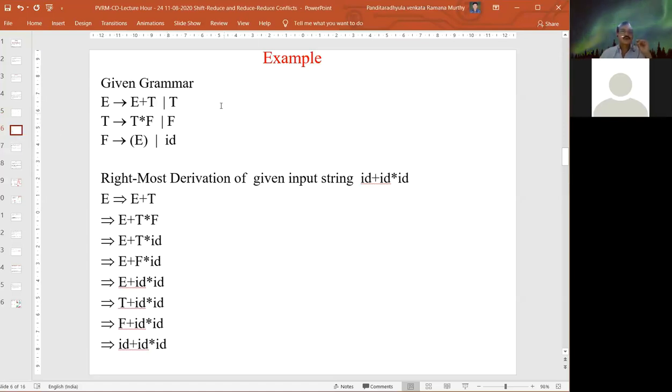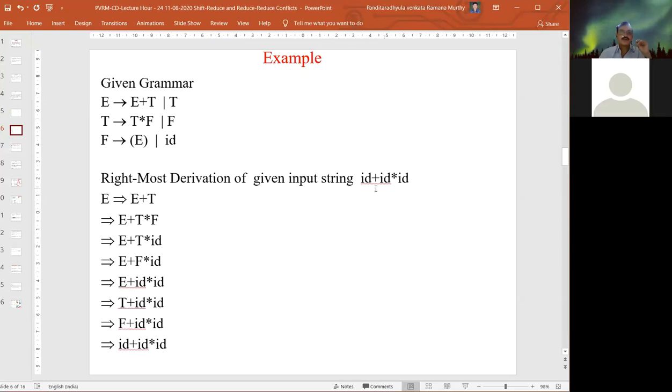We have a set of grammar, and we are implementing a rightmost derivation for this particular grammar. We have a canonical collection of these items.